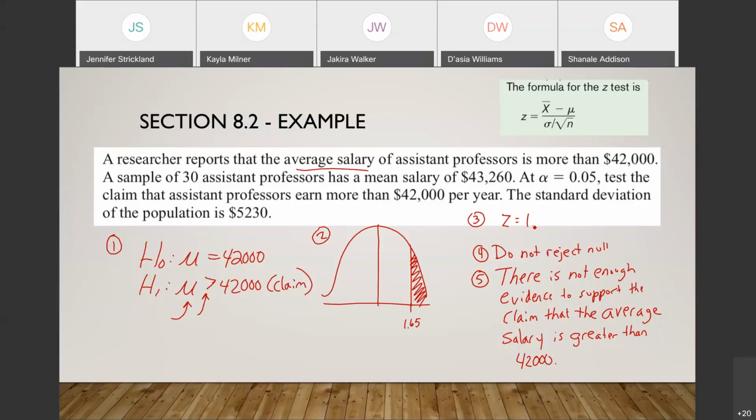Okay. So when I go to mark off that 1.32, I'm going to mark it off between 0 and 1.65. Okay. You okay with that part?